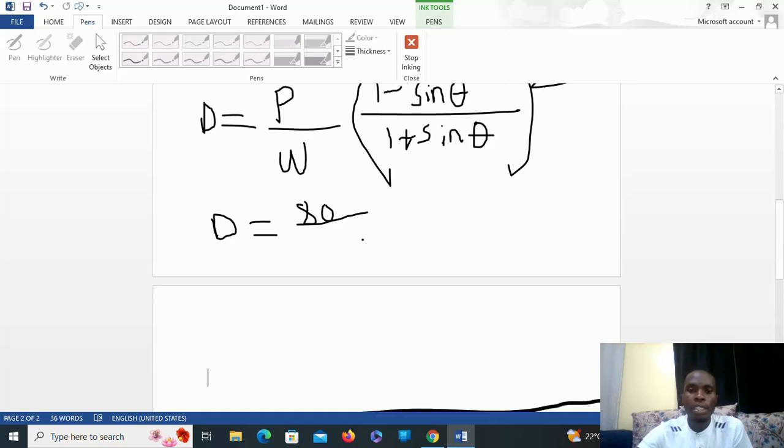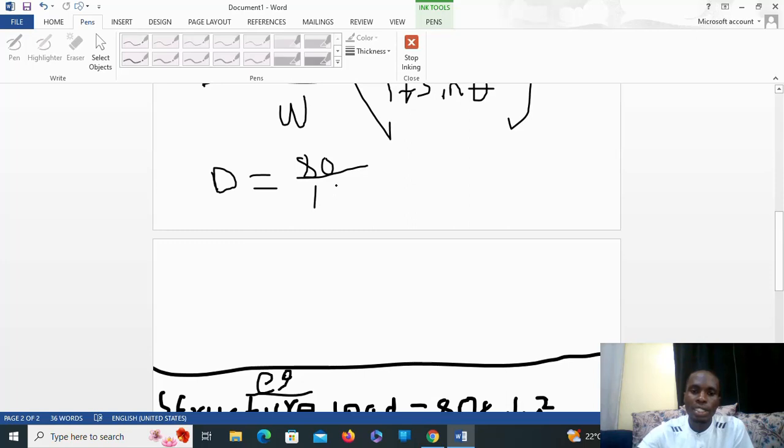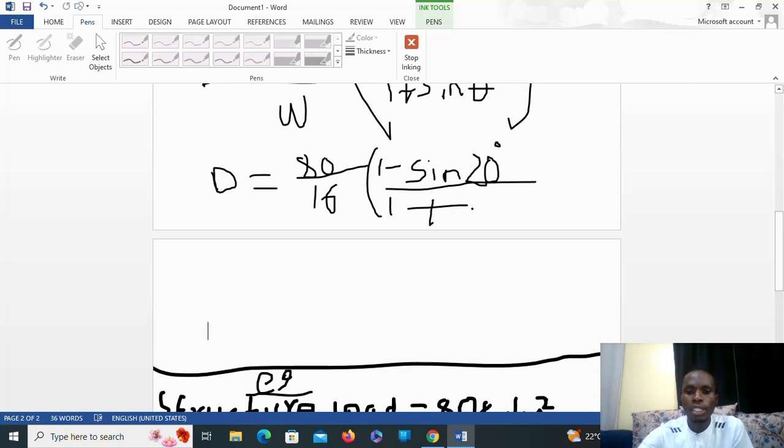So divide by the soil density you have been given as 16 kilonewton per cubic meter, then open the bracket, you will have 1 minus sine 20 degrees, then you divide by 1 plus sine 20 degrees, close the bracket, and then you square your answer.